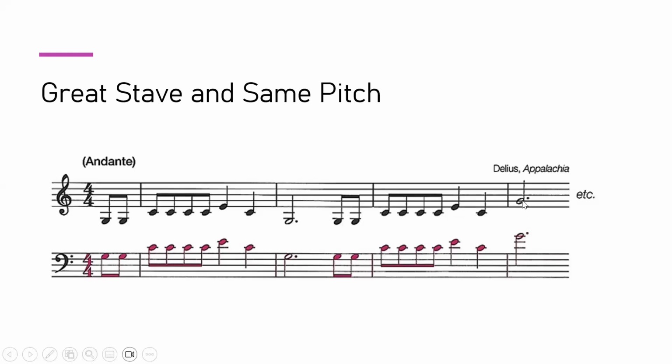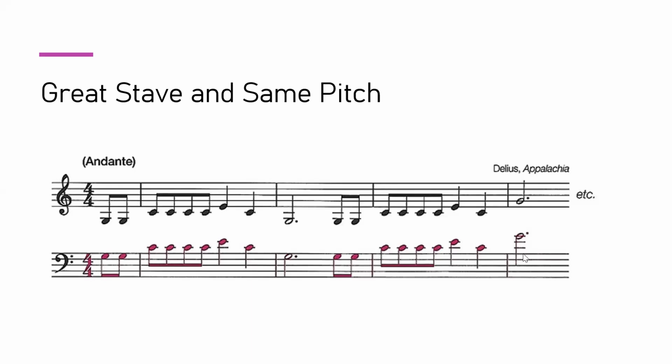Now, I was about to ask a question. What if I write this same G here? Yes, this space, which is the fourth space of this bass stave, is G. Is it not G? Yes, it is G. Or if I decide to write it on the first line here, which is the first line of this stave, it is also G. The implication is that it is no longer the same pitch.